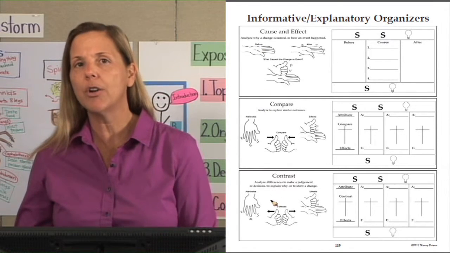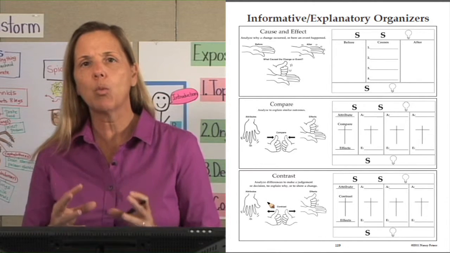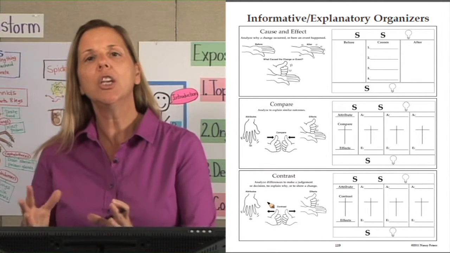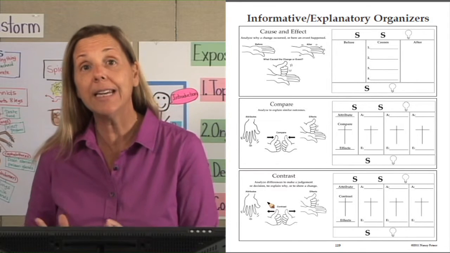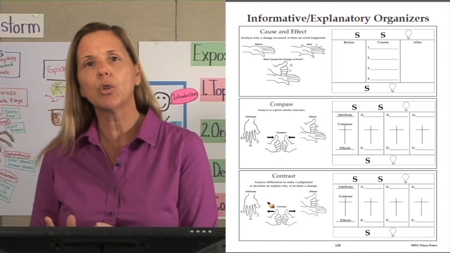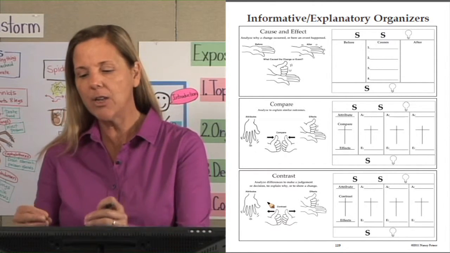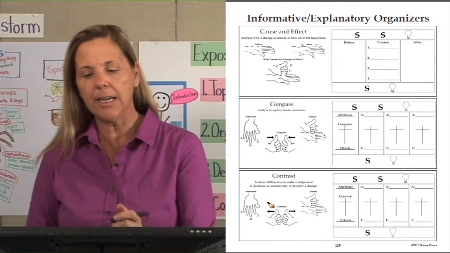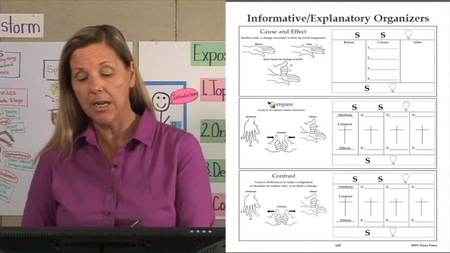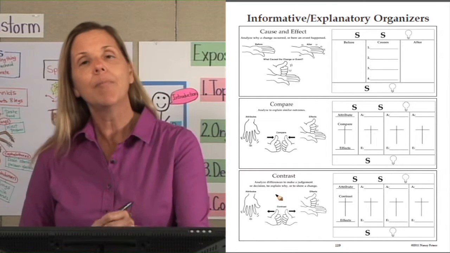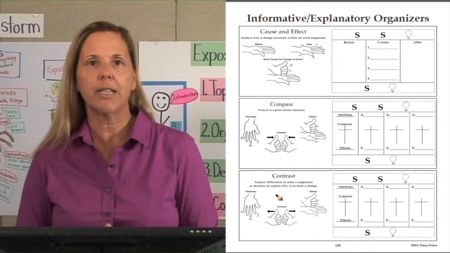These 3, though, are not something we're working on for mastery. You are using these in your thinking notes, where you are teaching children how to think at a high level and helping them organize their thinking in a cause and effect, compare, or contrast format. That's our thinking notes organizers.